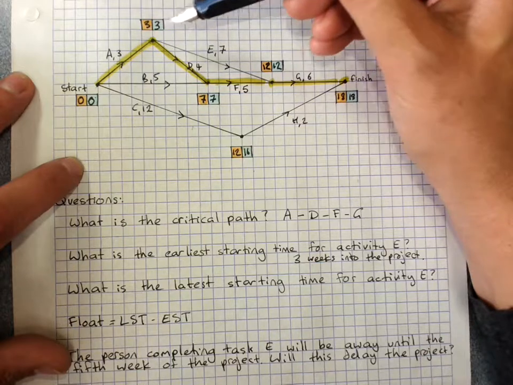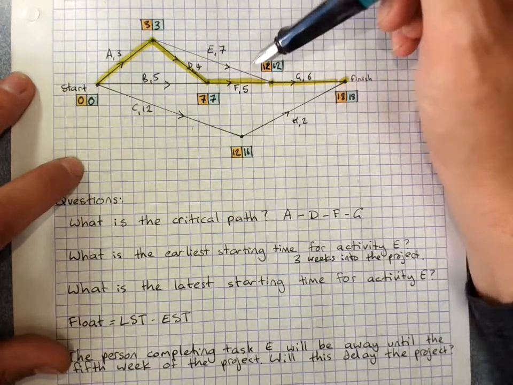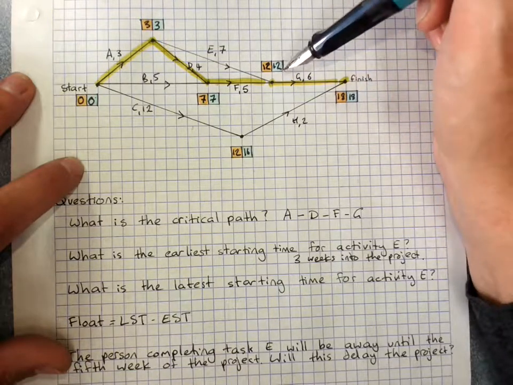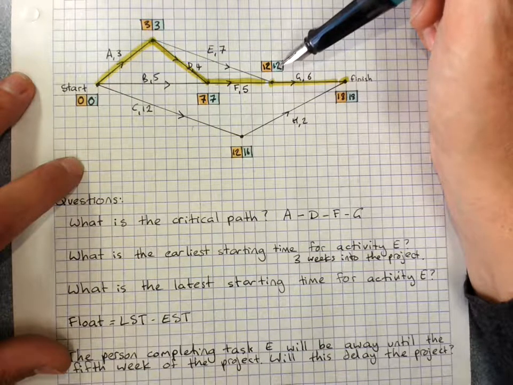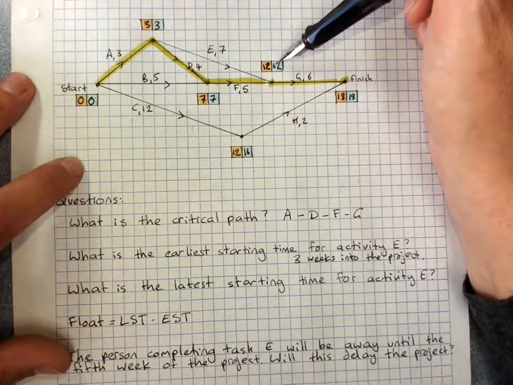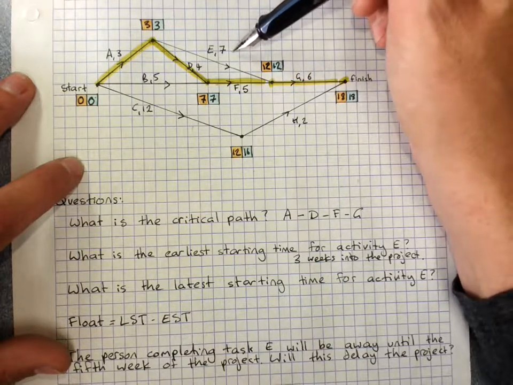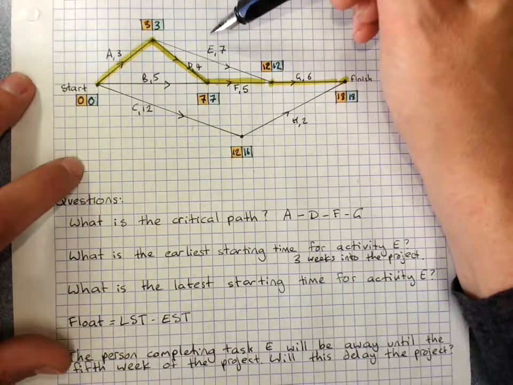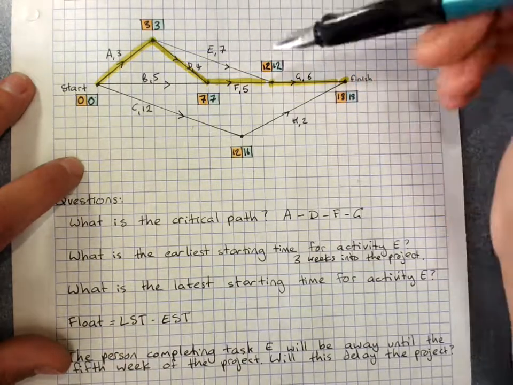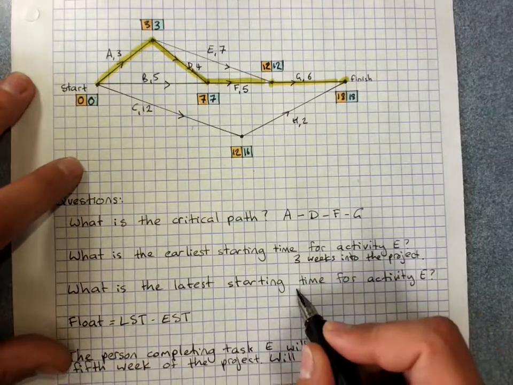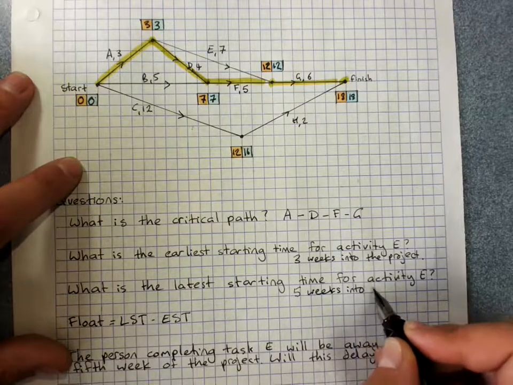You can check activity E's on its own because it's not part of the critical path. It's going to have some flex time. So 12 is our latest starting time that we can be at here. Take away 7 brings us down to 5. So activity E, even though it's not quite clear from this, does have some flex time. So the latest starting time is 5 weeks into the project.